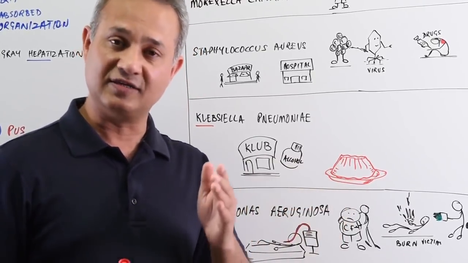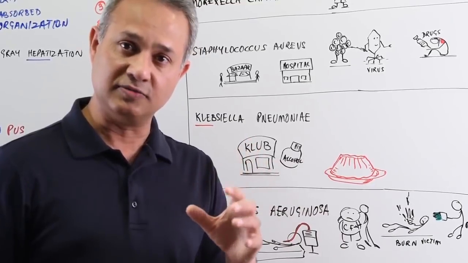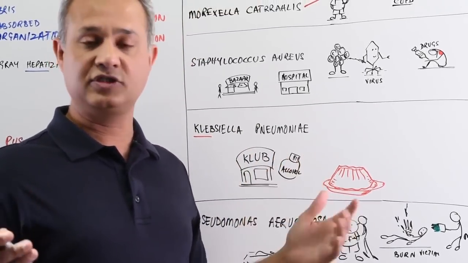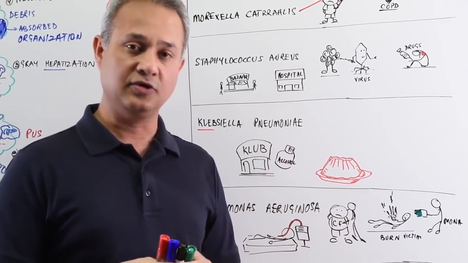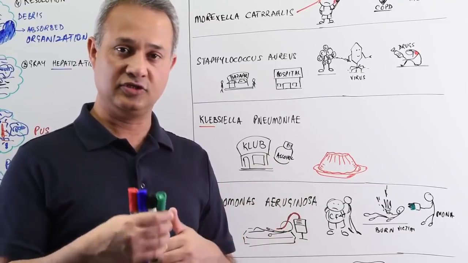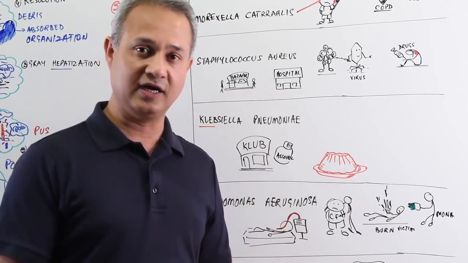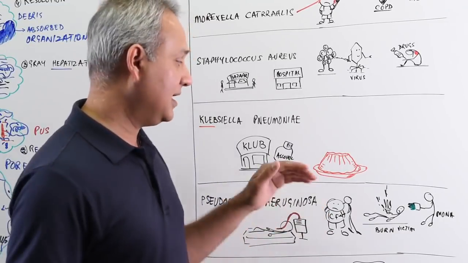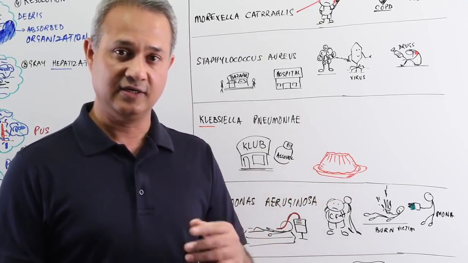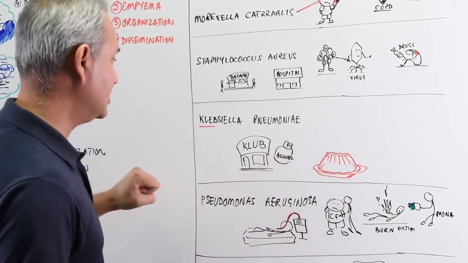You would see thick red currant jelly like sputum that the patient would be throwing out. So if you have a question where the patient is alcoholic and he's been coming to you recurrently every other night after drinking, and today when he came in he is also expectorating some red currant jelly like sputum, you should suspect Klebsiella.